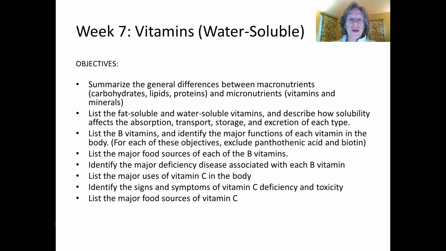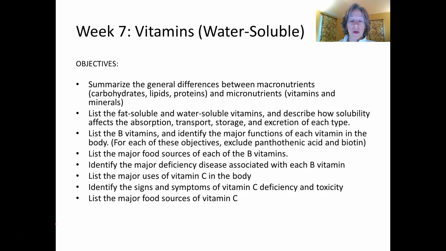So with regard to the B vitamins, remember, that's B1, B2, B3. That's thiamine, riboflavin, niacin. Their common function is that they act as coenzymes. That is, they help enzymes do their job to catalyze a reaction or move a chemical reaction forward. So those are the major functions of those B vitamins.